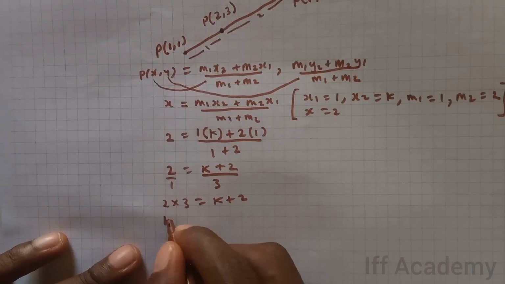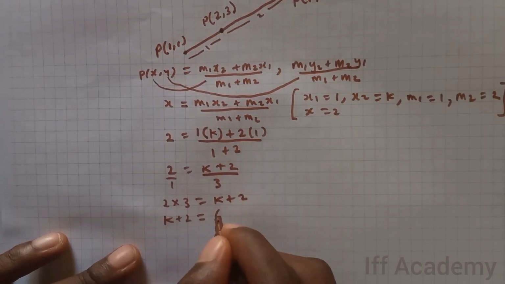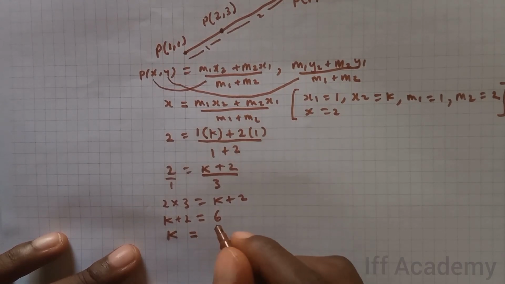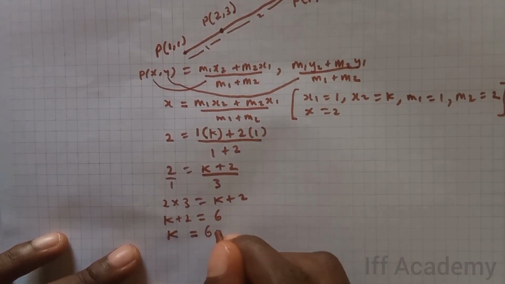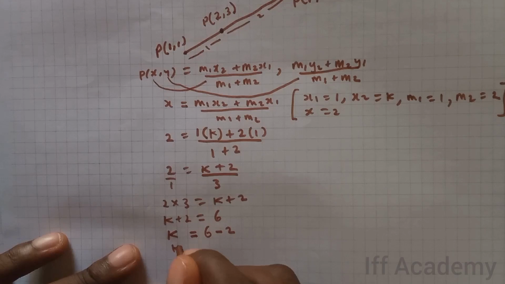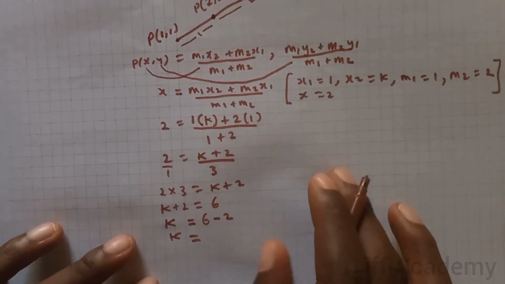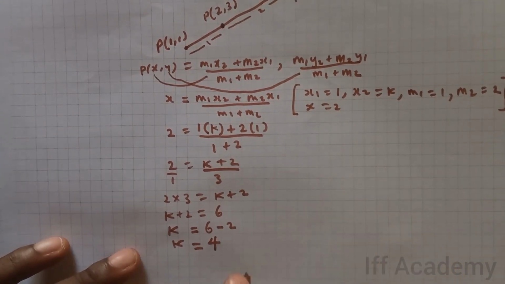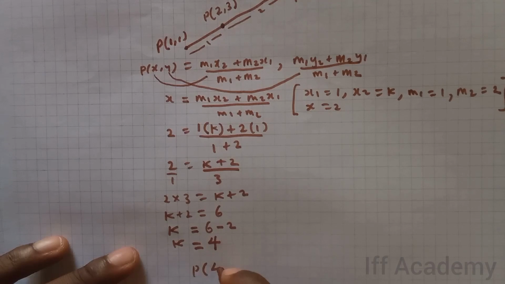So we have k plus 2 is equal to 6. And if I make k the subject of the formula, I have 6 minus 2, and k is equal to 4. So that point is going to be P(4, 5). So that's the answer.